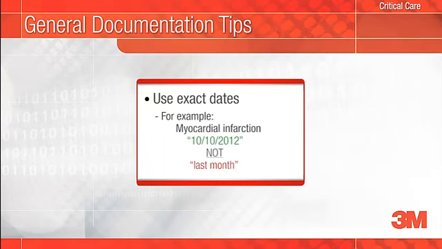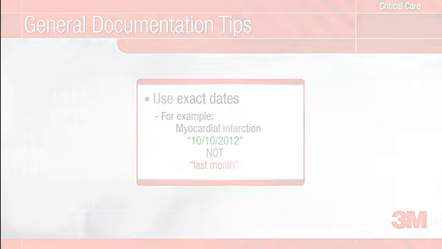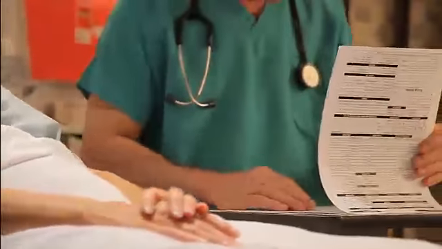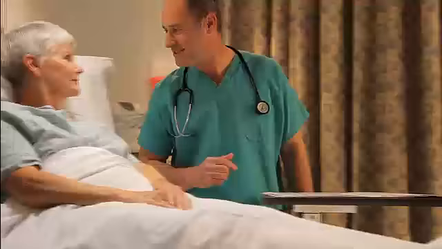Ask yourself, what else could I add in my notes about this patient's condition that would better communicate how sick the patient is, which in turn better communicates the resources needed for patient care. Incorporating these aspects into your documentation will result in an accurate picture of your patient's severity of illness and risk of mortality.